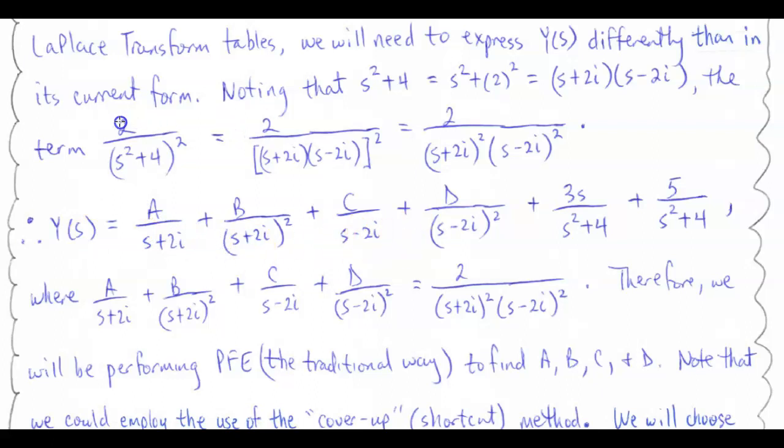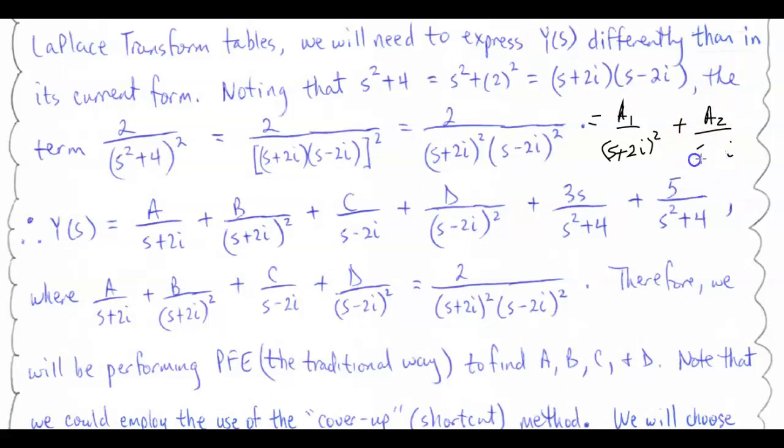So basically, this term here is going to end up being 4 different terms when we break it out, because we know that for partial fraction expansion, we could say something like this. Let's say if this is a1 over s plus 2i squared here plus a2, we could do this.